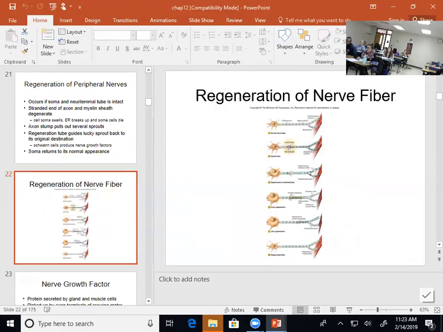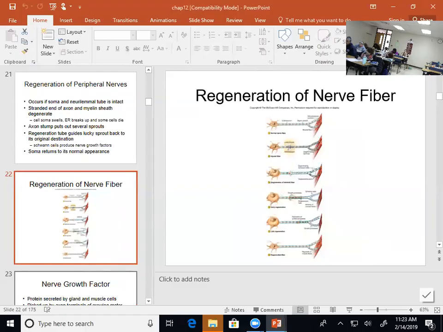Now, peripheral nerves. Did I tell you if it's peripheral nerve damage, you might have a chance of getting it back, regenerating? You might not, but you might get it back. They usually tell you that you would have it back within 6 months after the damage if you're going to get it back. Sometimes neurologists will tell people a year.